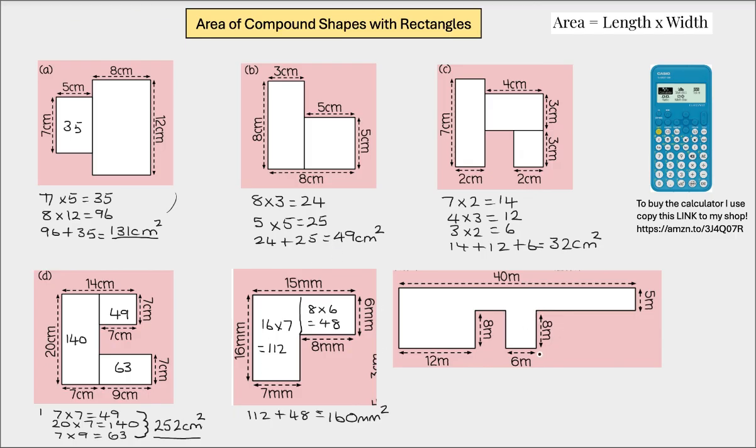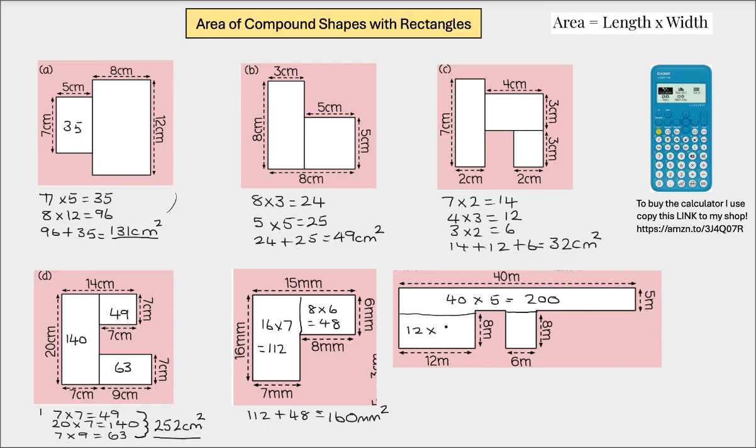And then finally, a bit more meaty, this one. So I'm going to go with splitting it where I can physically see there. I'm going to make that one long rectangle, which will leave me with 2 of the rectangles. So I'm going to go 40 times 5, which is 200. Then I'm going to go 12 times 8 or 8 times 12.